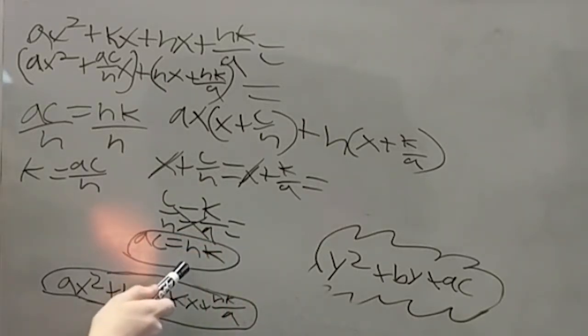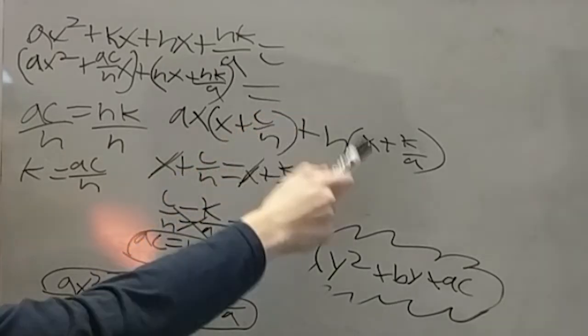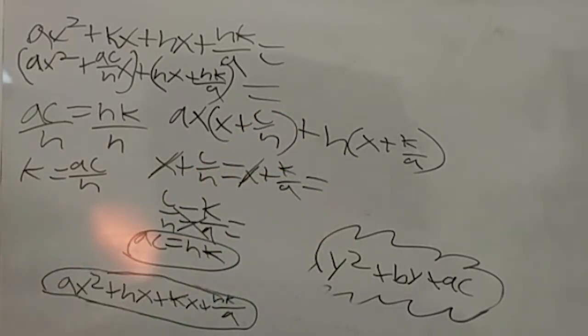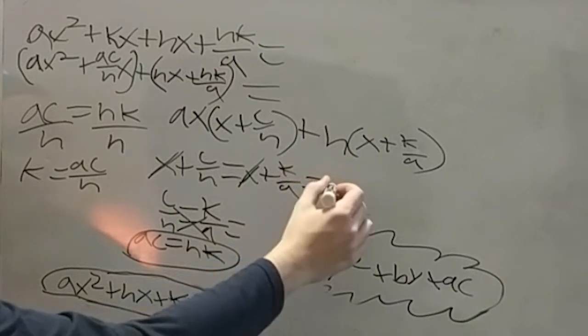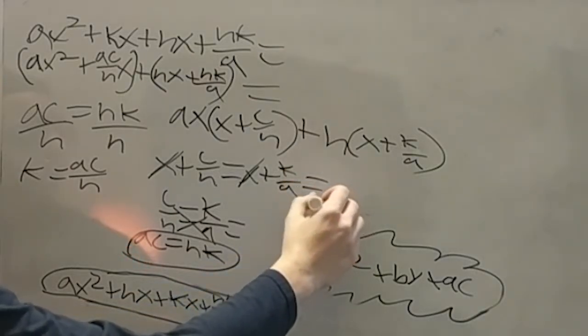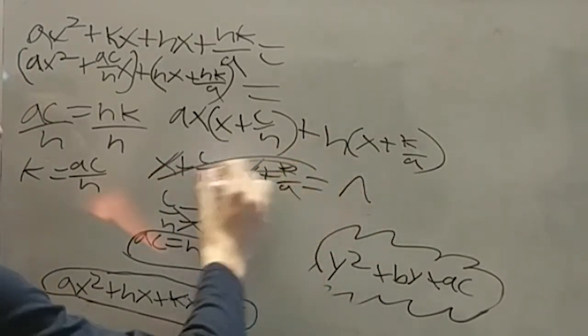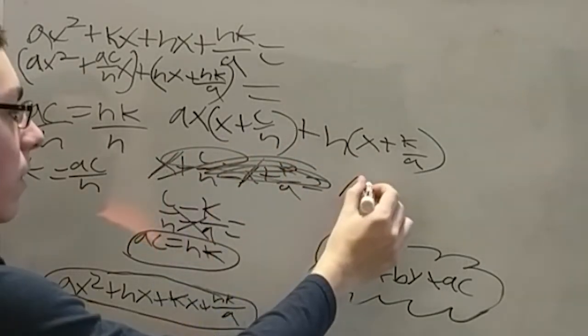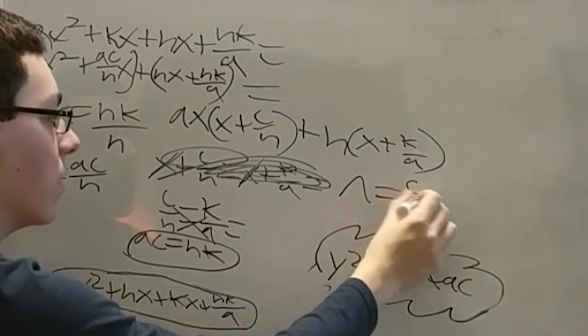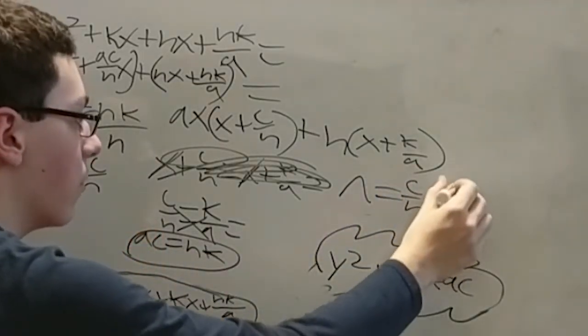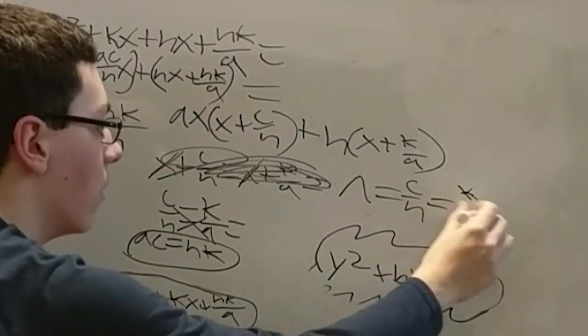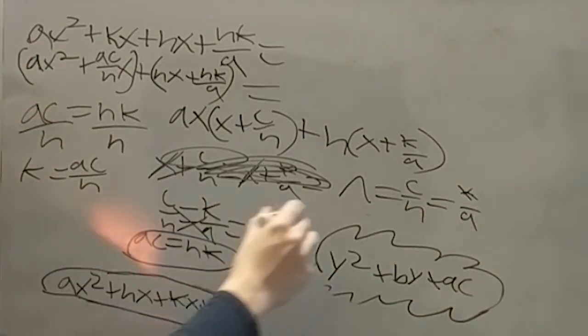This means that what's inside of this parentheses is equal to what's inside of this parentheses. To demonstrate that a little better, we're going to say that a new variable n equals c over h, which means it also equals k over a.